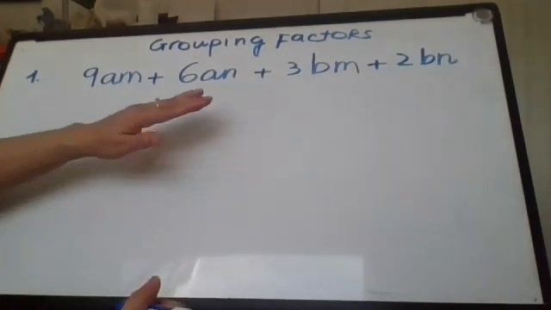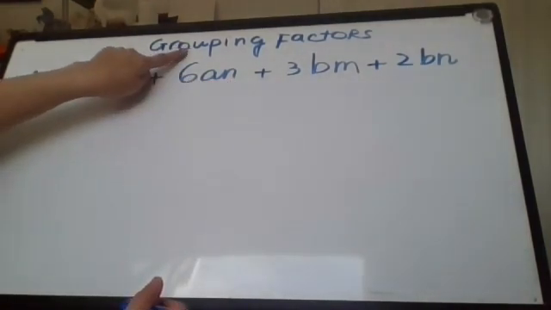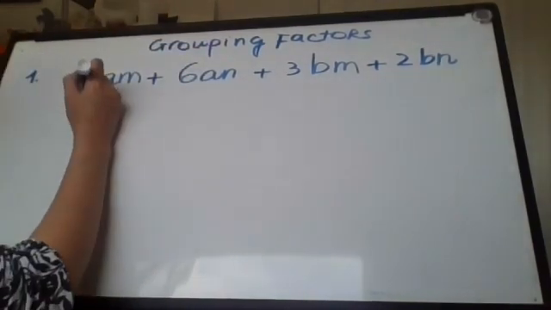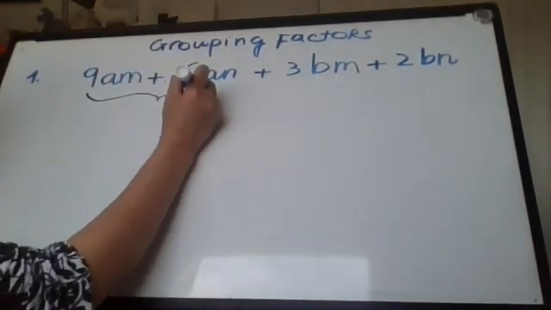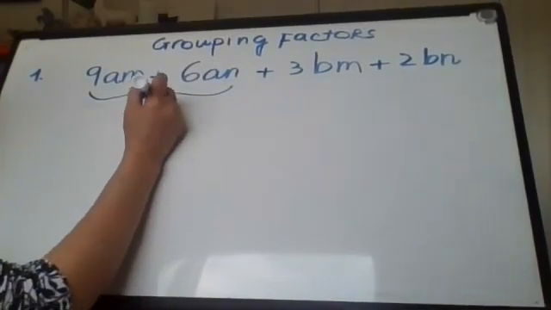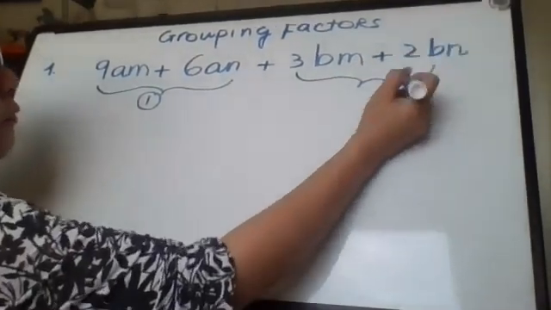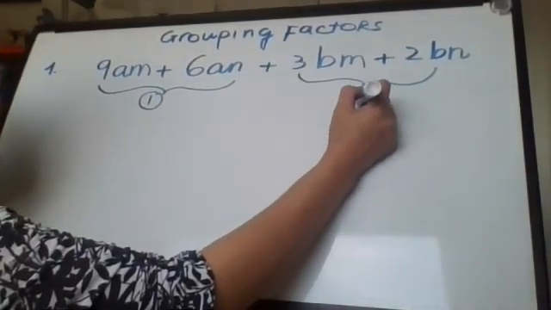So I'm going to divide this expression into 2 groups, and that's why I call it grouping, right? I'm going to group the first term and the second term into 1 group, and I call it group 1. And I'm going to group the third term and the fourth term into the second group.